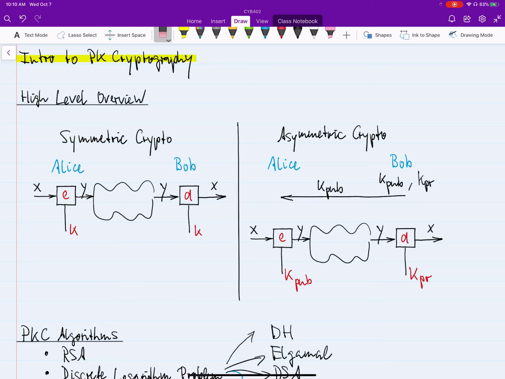So in such symmetric crypto systems, when Alice wants to send Bob a secure message, what Alice is doing is she is going to use a key, encrypt the plain text, and send the ciphertext over to Bob.